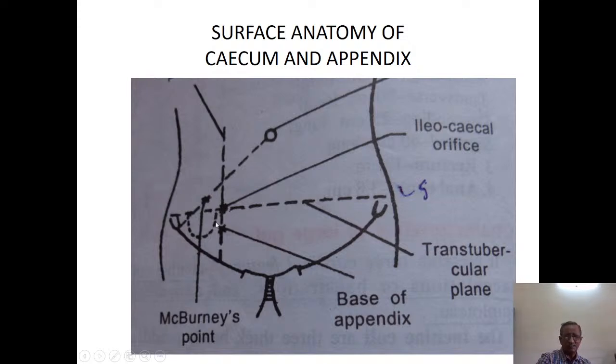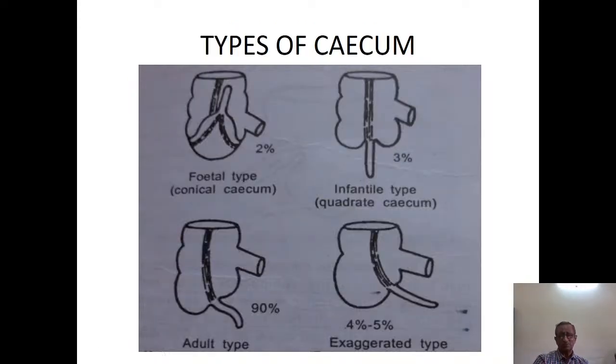One is at the junction of the right lateral plane with the transtubercular plane, and the base of the appendix is 2 centimeters below this ileocecal orifice. Then McBurney's point is at the junction of medial 2/3 and lateral 1/3 of the line joining the anterior superior iliac spine to the umbilicus. Now we are seeing the types of cecum.